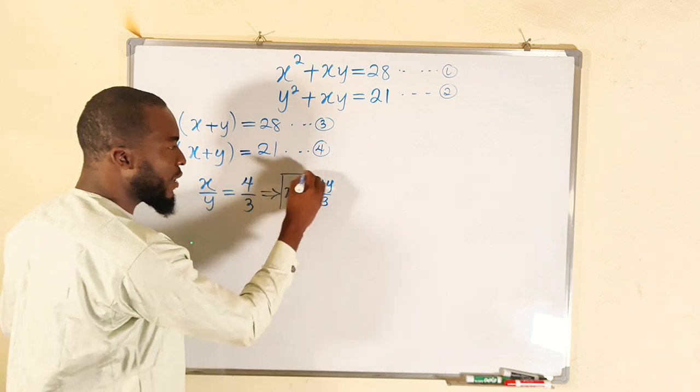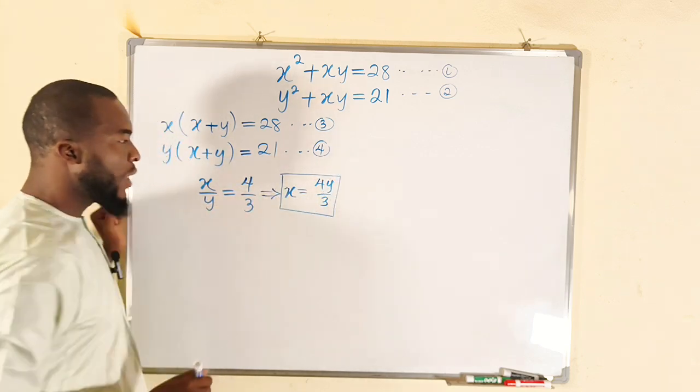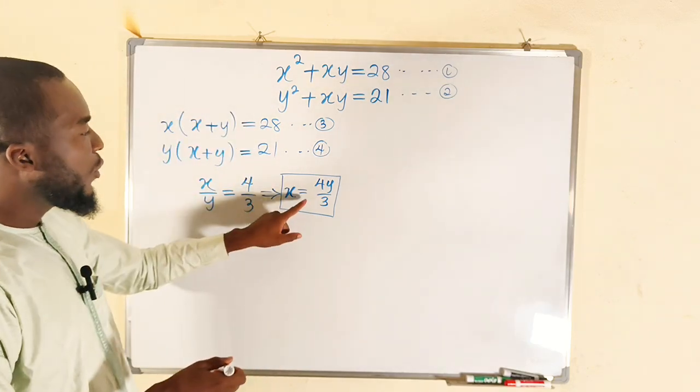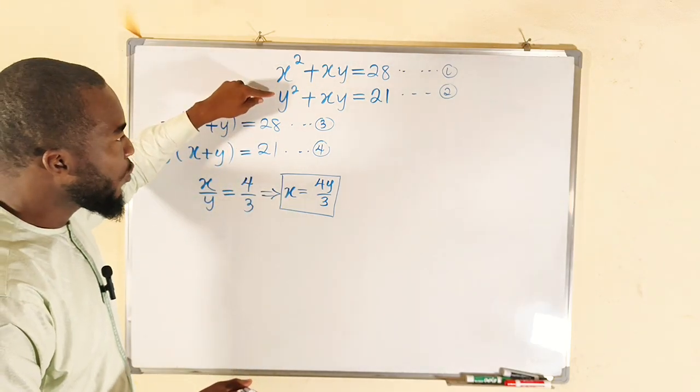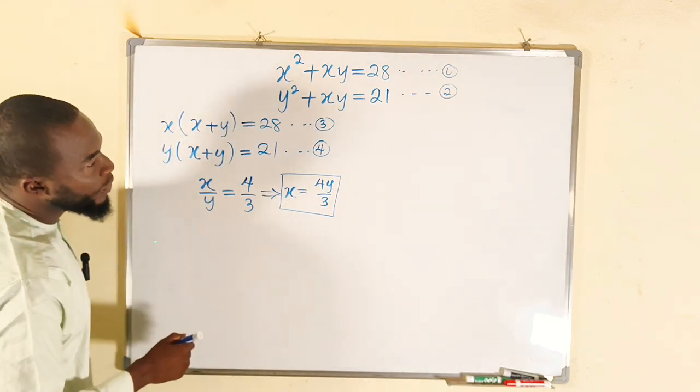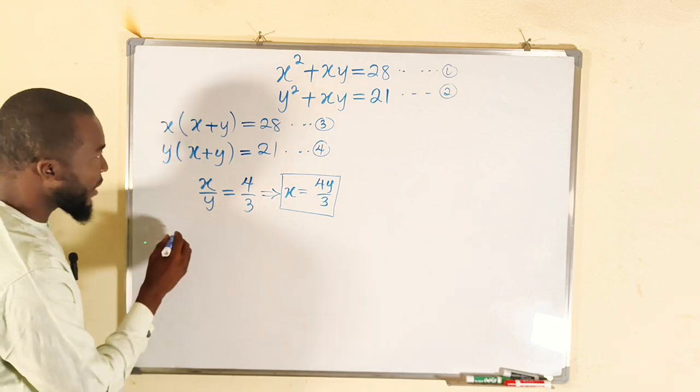This is an important equation. Let me box it here. Having obtained x as 4y divided by 3, we can plug it into either equation 1 or equation 2. Let me use equation 2, where we have y squared plus xy equal to 21.